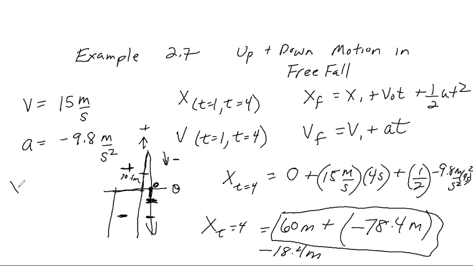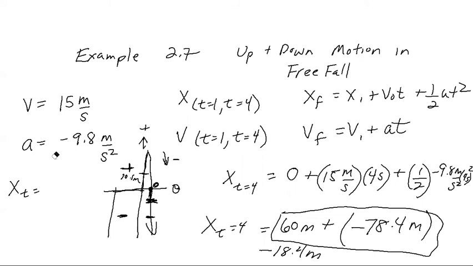So x at t = 1, I forgot what that was. Let's see, that would be 15 minus 4.9, which would be 10.1, right?